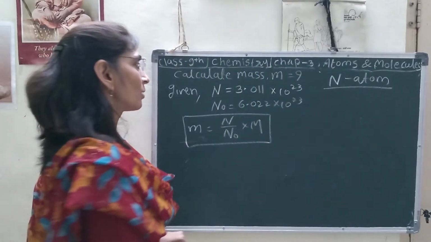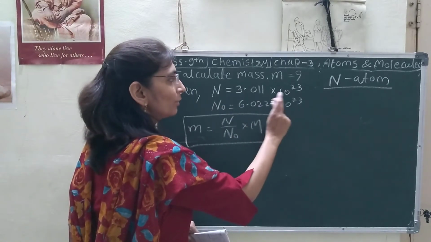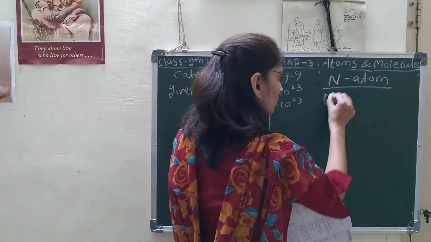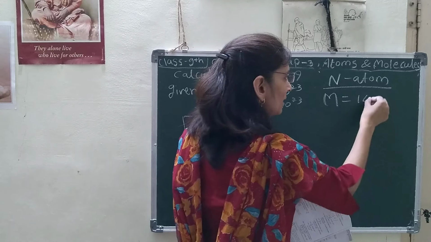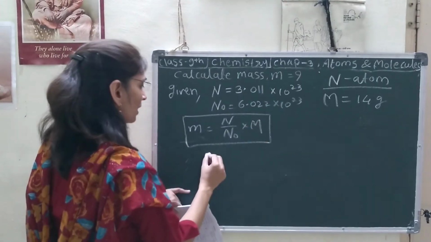For nitrogen atom, number of particles are given 3.011 into 10 to the power 23. So capital M is equal to, for an atom, 14 gram. Okay, so put the value in this formula.